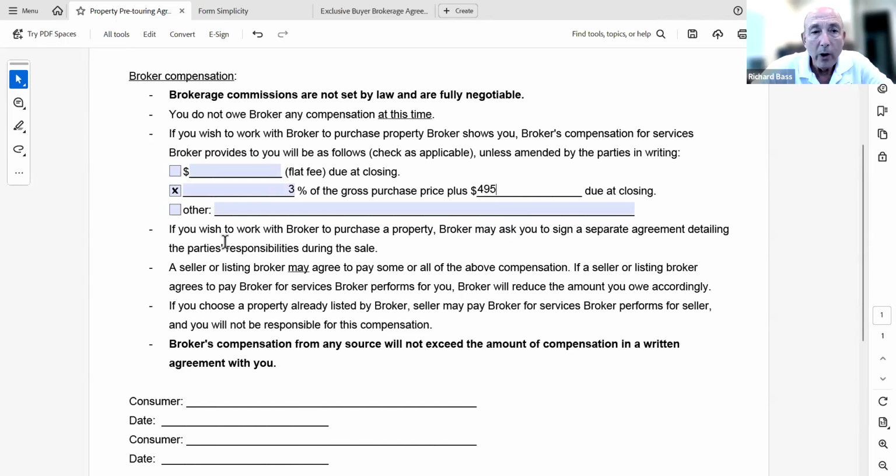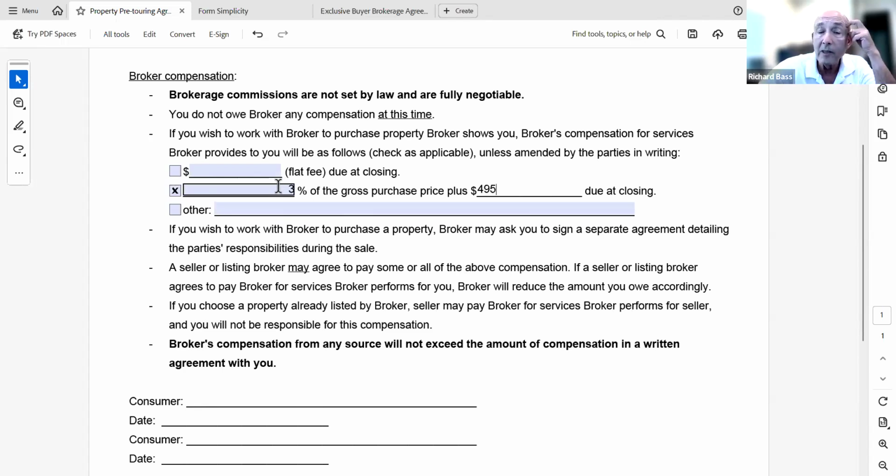And if you wish to work with the broker to purchase a property, we're going to ask you to sign a separate agreement, which is the exclusive buyer broker agreement. That's the last one that we're going to cover today, which spells out more of the details, what the responsibilities are. It also tells them that a seller or the listing broker may pay some or all of the compensation above.